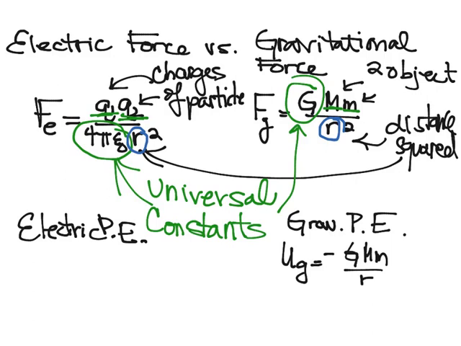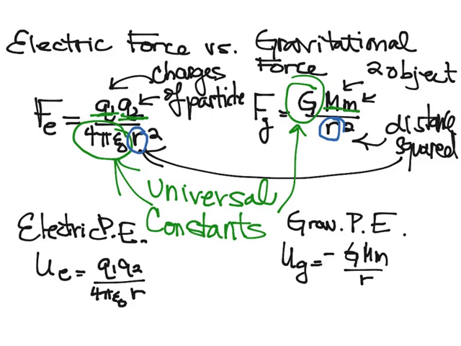So we're dividing by the distance instead of the distance squared. Electric potential energy works pretty much the same way. It's off by a minus sign, but it's going to be Q1 times Q2 over 4 pi epsilon naught times r.